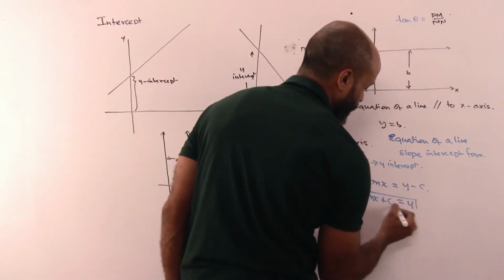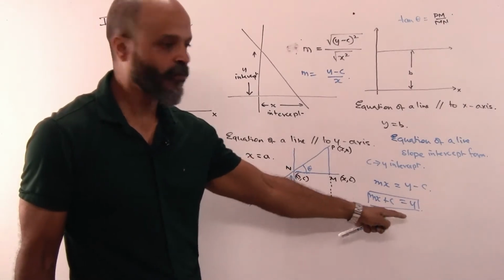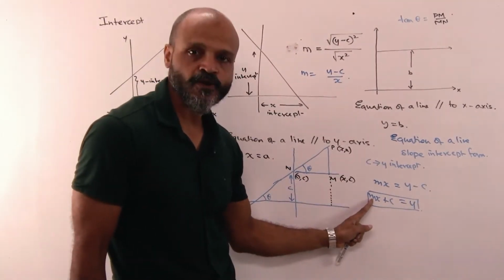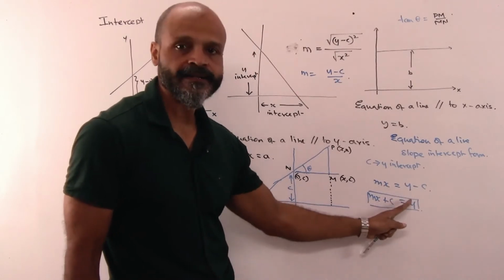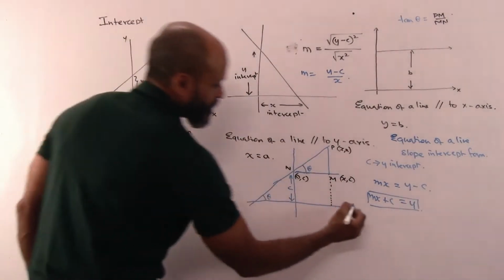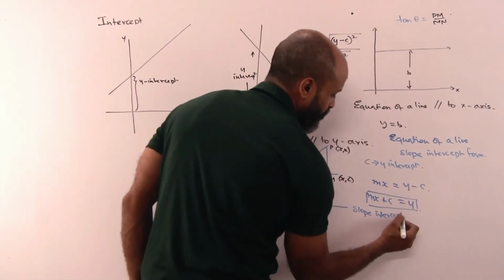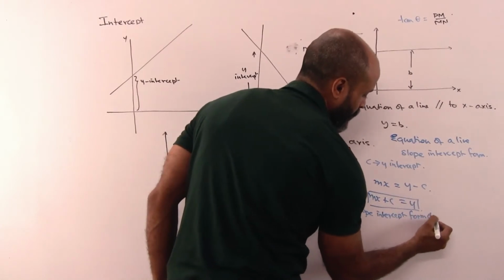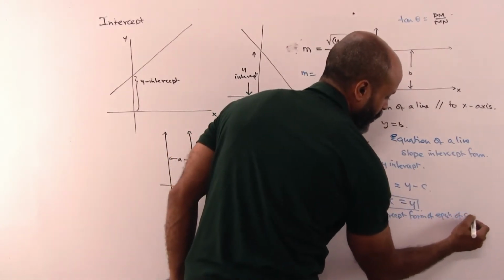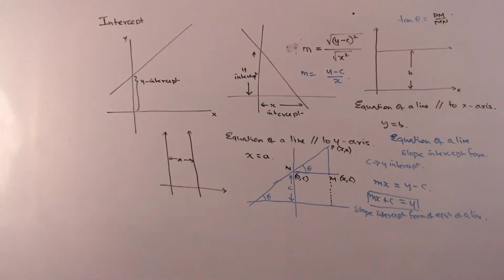This is the slope intercept form of a line. m is the slope of the line, c is the y-intercept, and this is the equation of the line. This is called the slope intercept form of the equation of a line.